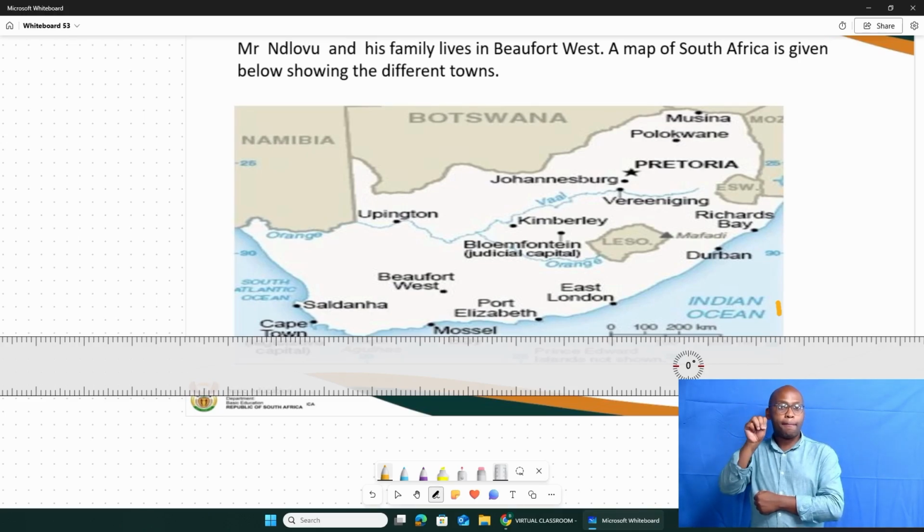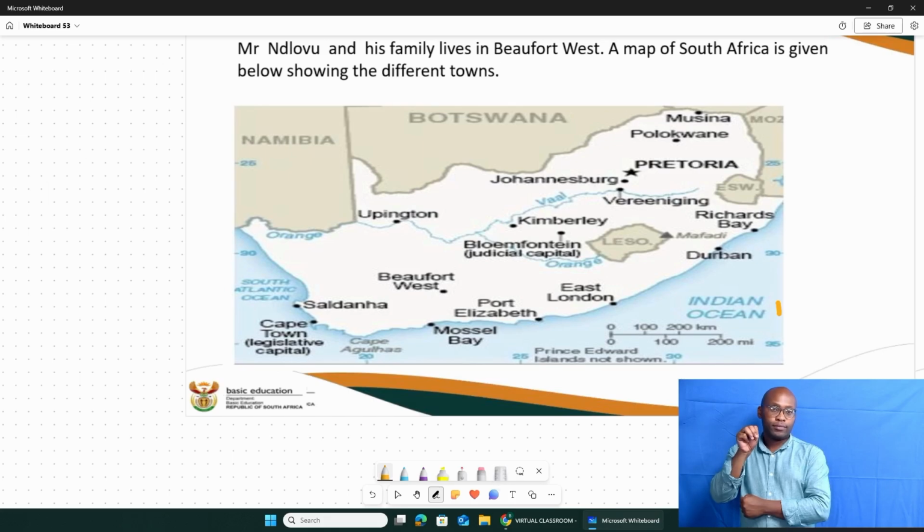Now it's 10, 20, and I can say it's 25. So 25 millimeters is equal to 200 kilometers. Now I've got 50. How many 25s? It is 2, meaning it is 400, because if 25 is equal to 200, then 50 will be equal to 400. Therefore, the actual distance will be 400.